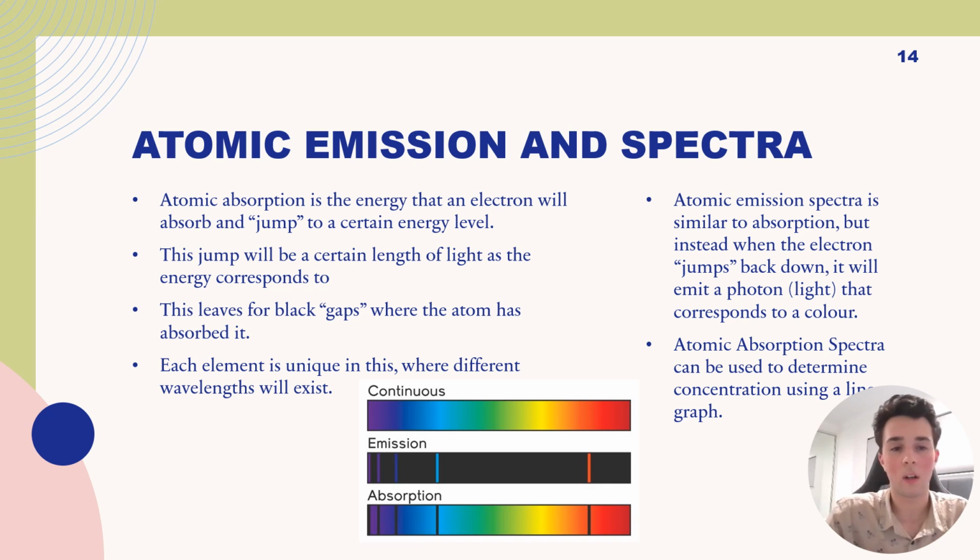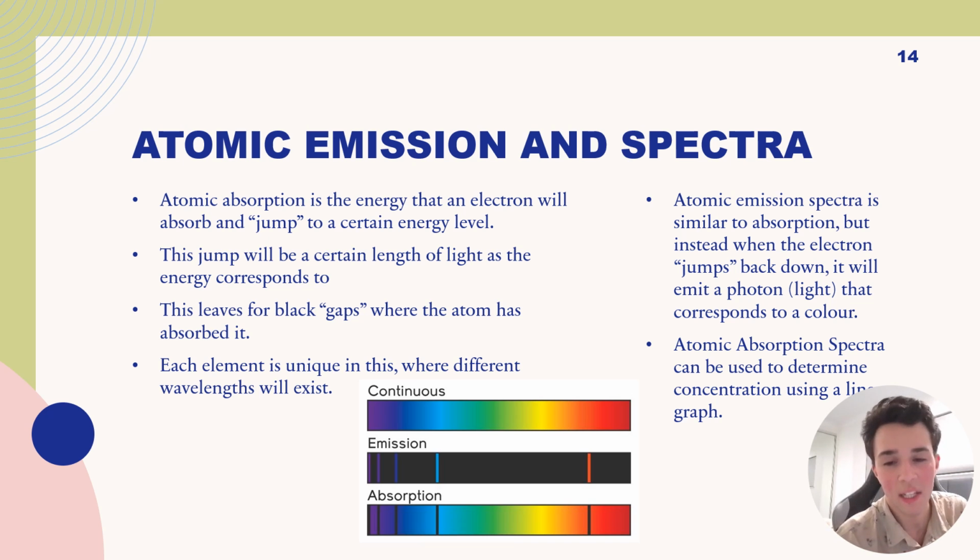Moving on, we have atomic emission and absorption spectra. I forgot the absorption, I'm sorry. So atomic absorption is the energy that an electron will absorb and jump.